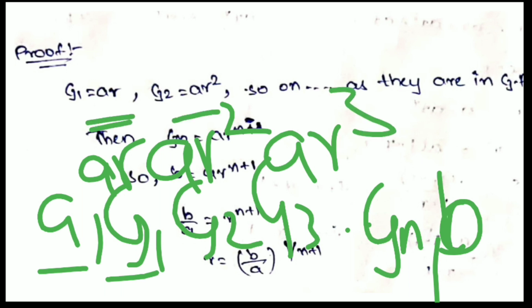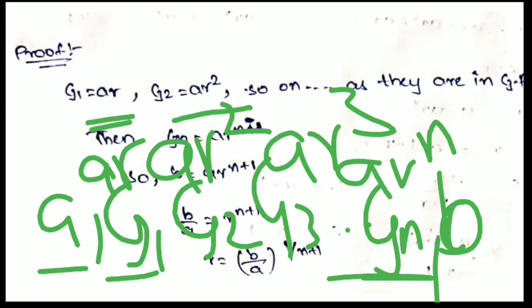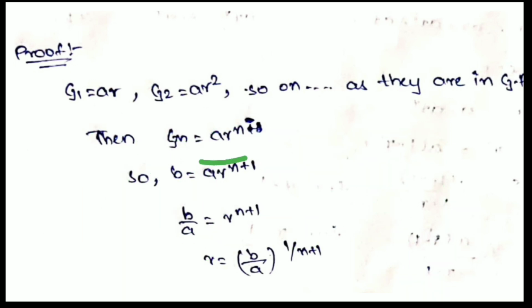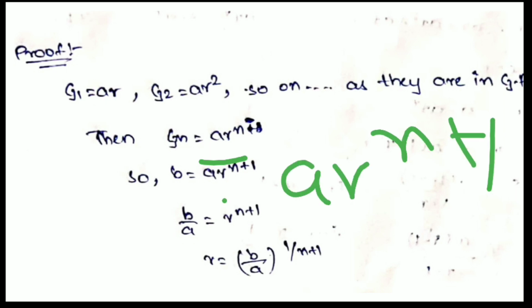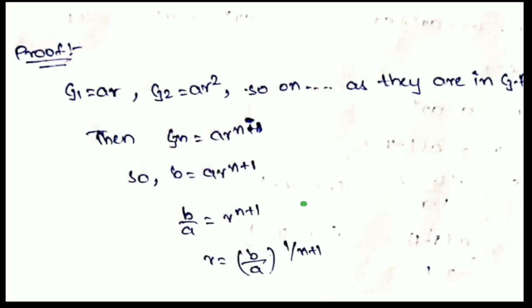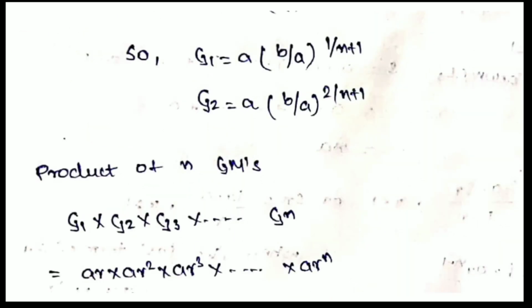And so on, we'll get Gn as AR power n. As after Gn we get B, that is AR power n plus 1. B by A equals R power n plus 1. R equals (B by A) whole power 1 by (n plus 1). So G1 equals AR.